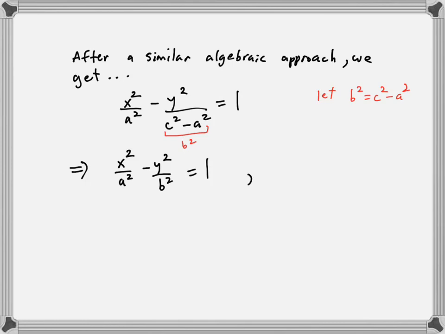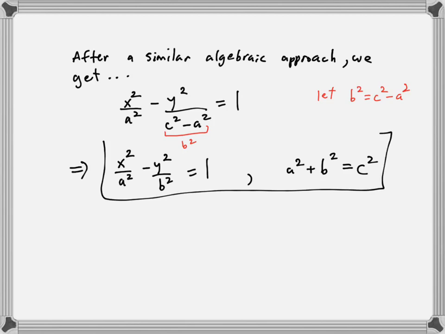And we also have the following relationship; our relationship is different now with a and b. So this is our formula for a hyperbola.